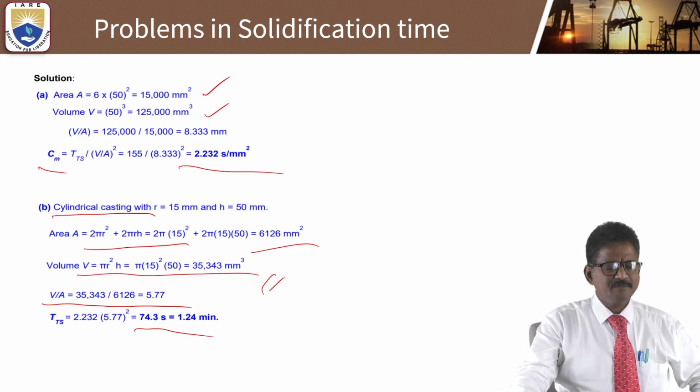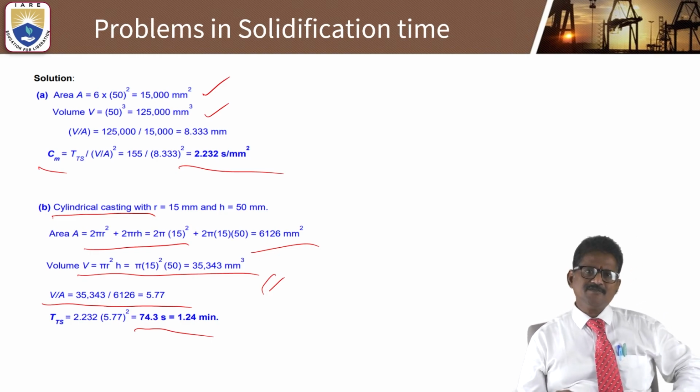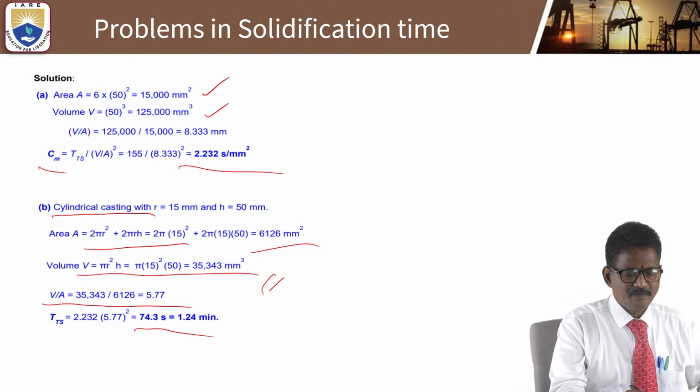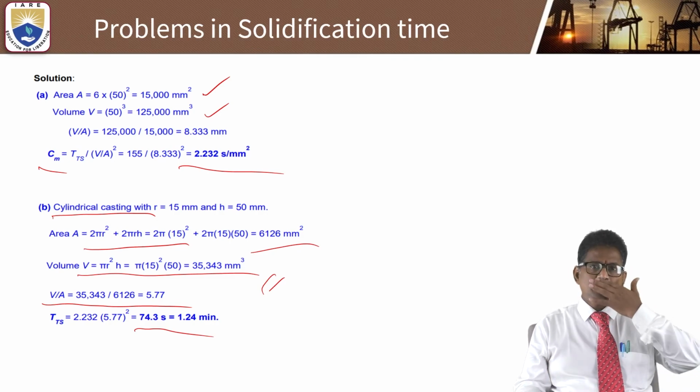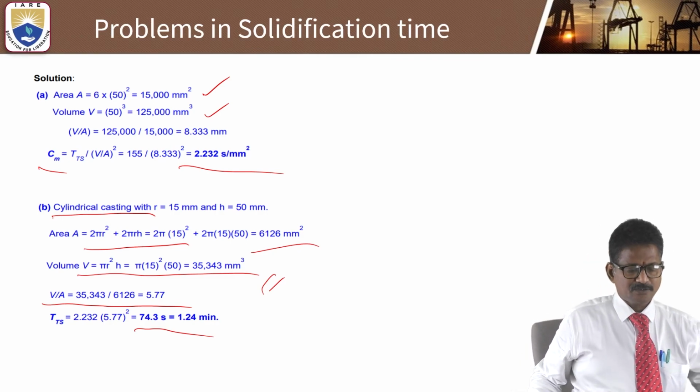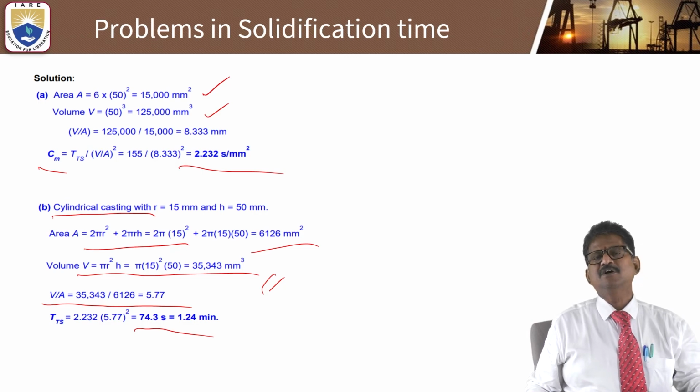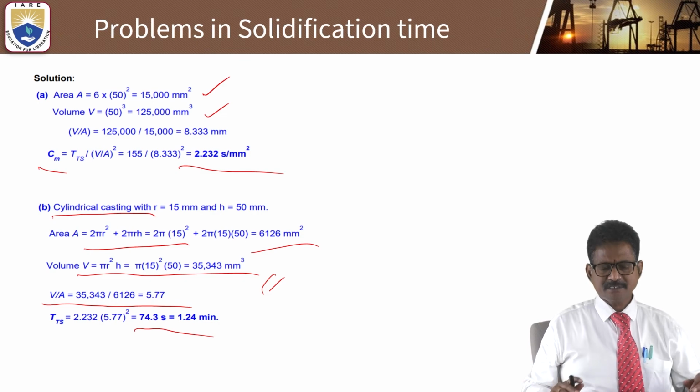And V by A is the volume by surface area, 35,343 by 6126. This is the solidification time in Chvorinov's rule. How you can determine any mold dimension, etc.